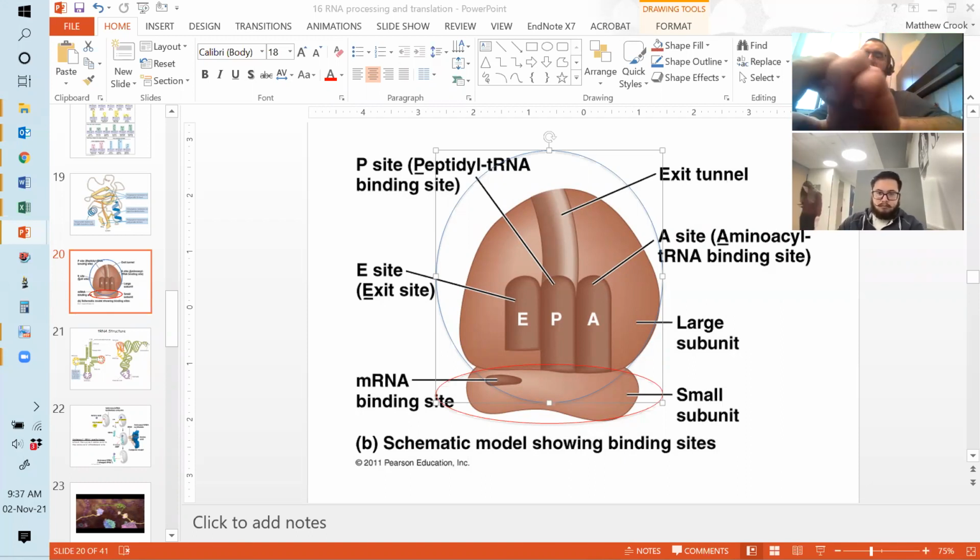Right. P site is pairing or peptide bond formation. And that's where the polypeptide is removed from the tRNA in the P site and added to the amino acid in the A site.